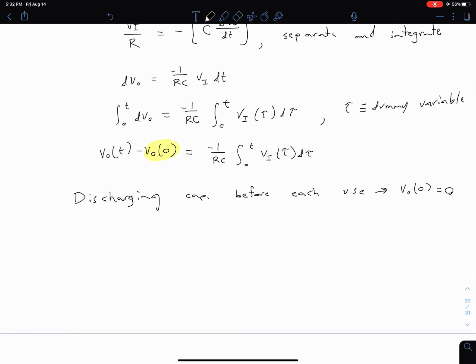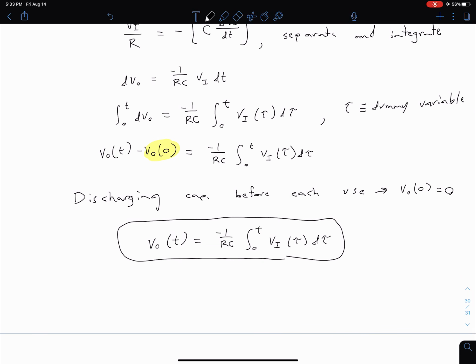Then what we get is our output voltage as a function of time, and it's going to equal negative 1 over RC times the integral from 0 to t of VI of tau d tau.